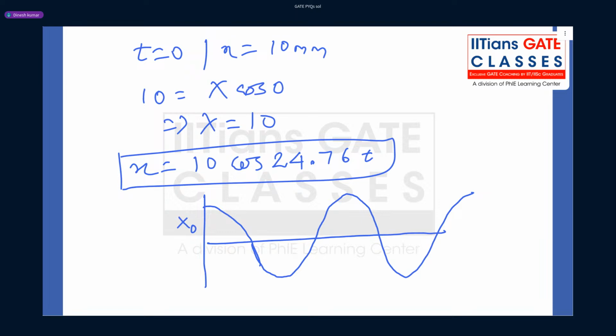Now you can observe this function. Is it cosine or sine? It's a cosine function, right?